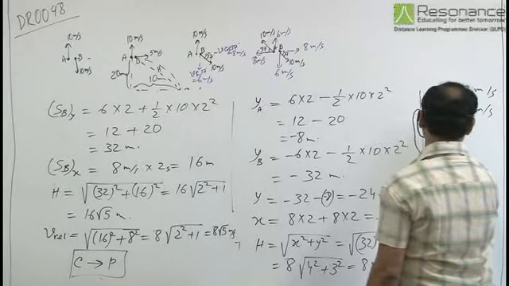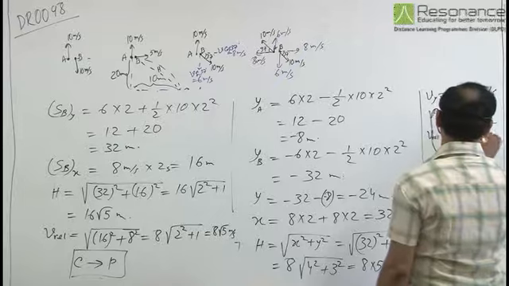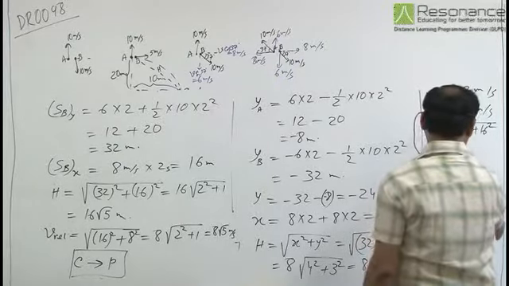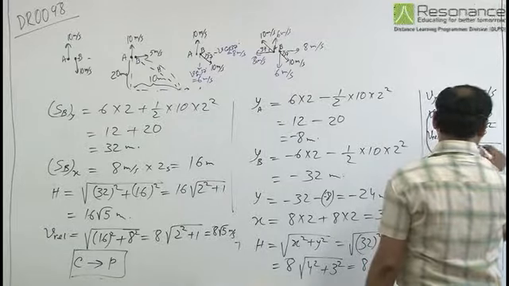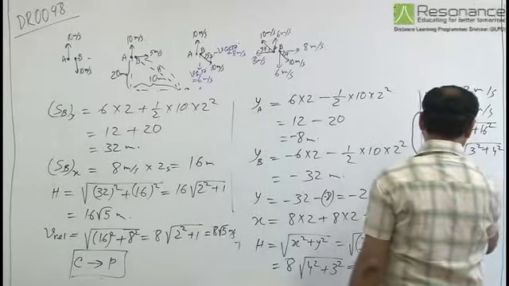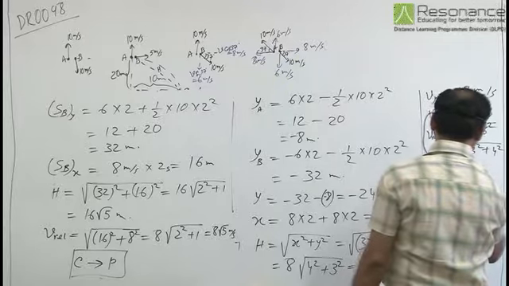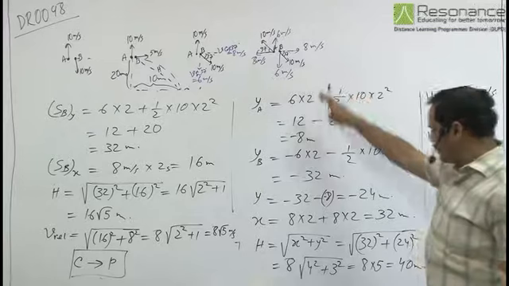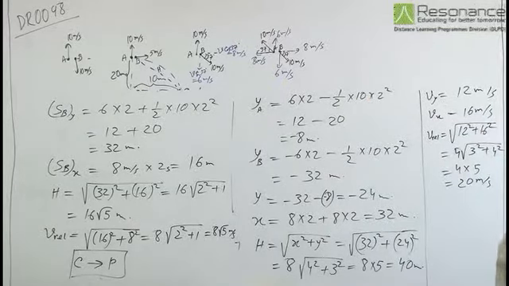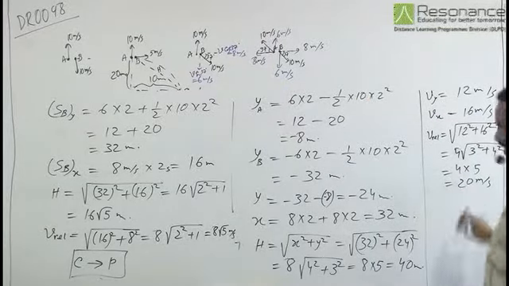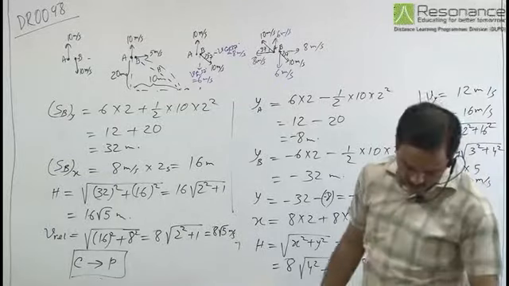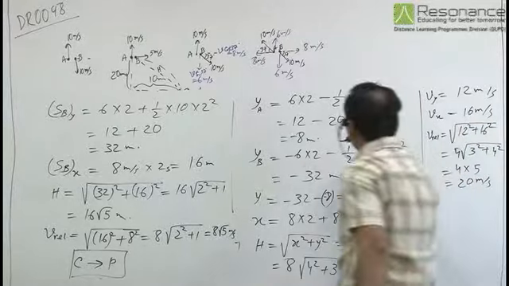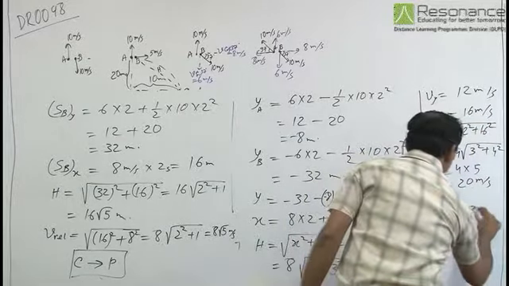So v relative is equal to under root 12 square plus 16 square, that is 4 into 3 square plus 4 square, that is 4 into 5 or 20 meter per second. So in fourth situation, separation is 40 meter and relative velocity is 20 meter per second after 2 seconds. So the option for D is also Q.